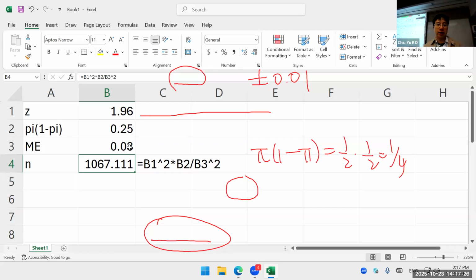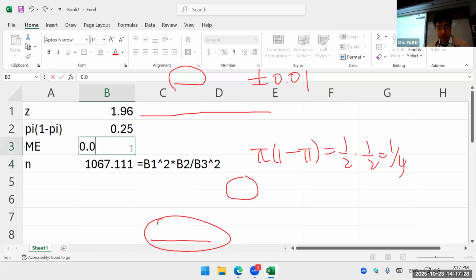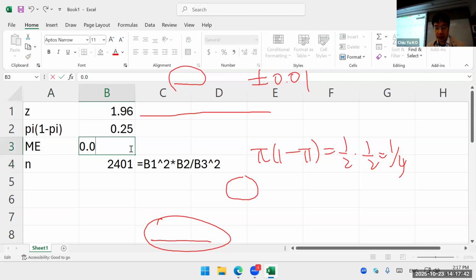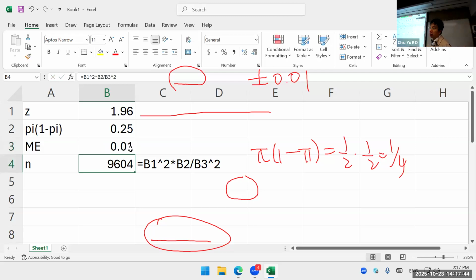And if you want 2%, then it's 2,000. That's why they don't really go to 2,000, because the gain is not a lot, unless you really want to be very precise. And if you want to be more precise, 1%, then you have to go to a huge number. So that explains a lot about election polls.